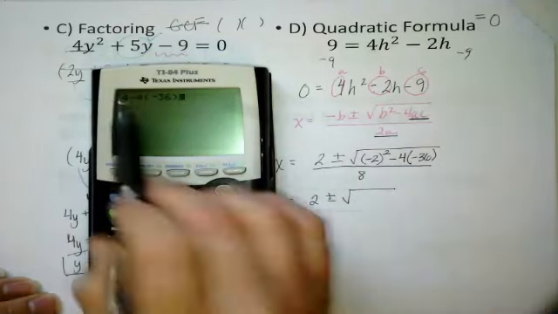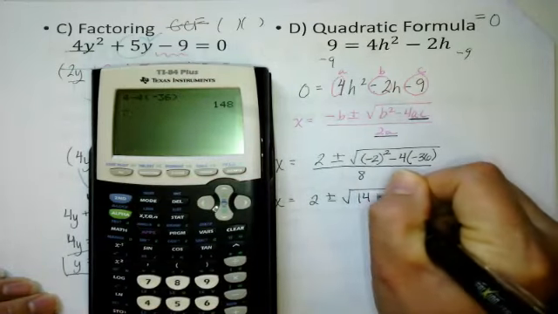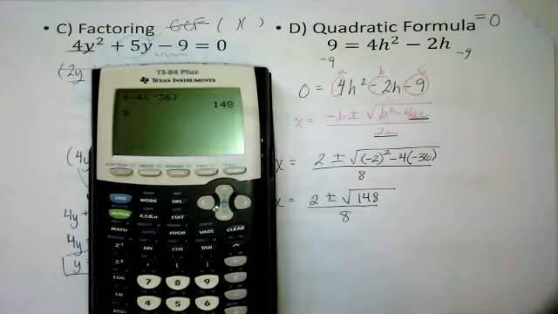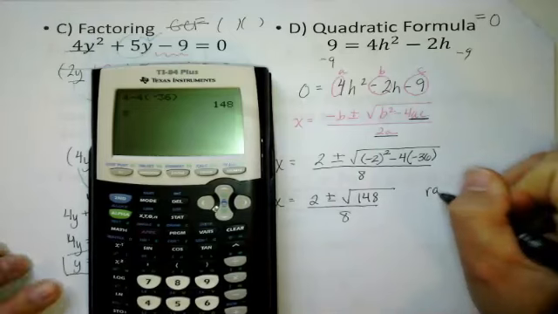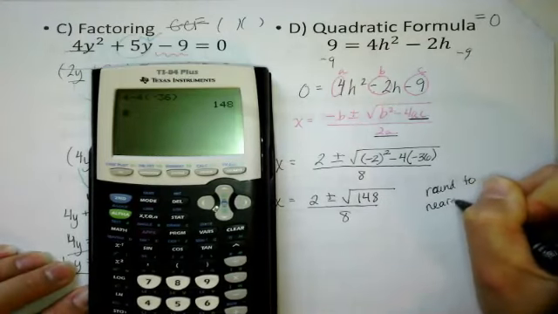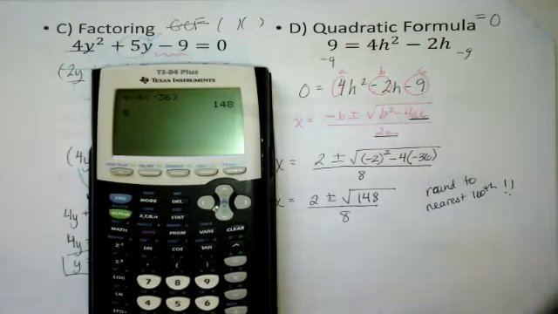Negative 2 times negative 2 gives me that positive 4 right there. And we can see we get 148 over 8. Now, here's the beauty. You do not have to type in this craziness. It actually says round to the nearest hundredths. And that's kind of nice. However, you do have to know how to put that in your calculator. So be very, very careful.